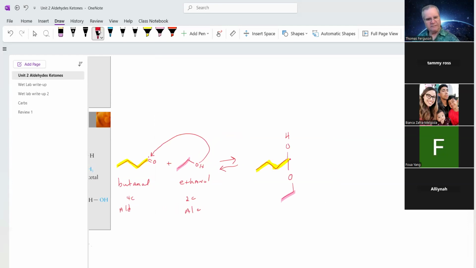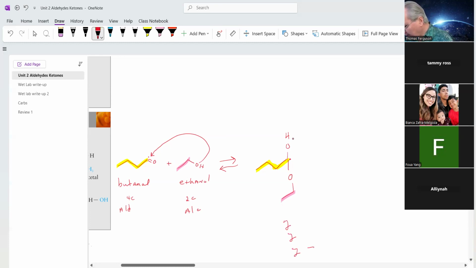That means we have an anomeric carbon, and we have OH present, and we have H present. So number one, we go yes. Second one, do we have an H present? Yes. Do we have an OH present? Yes.